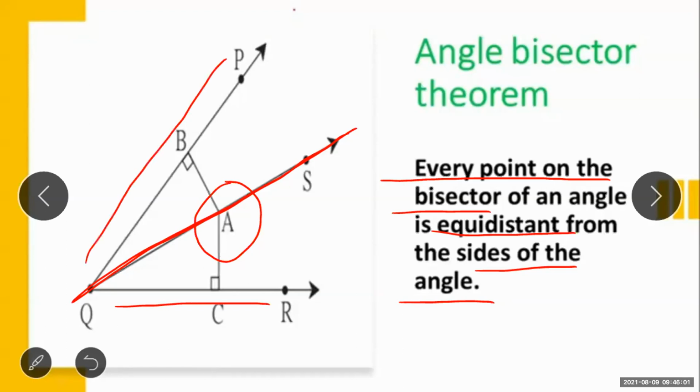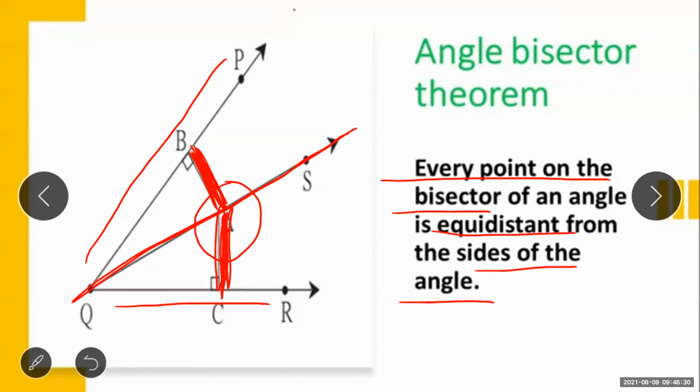The distance of point A from QR is this AC, and the distance of point A from segment PQ is AB. So that is equidistant. So we have to show these two segments congruent to each other.